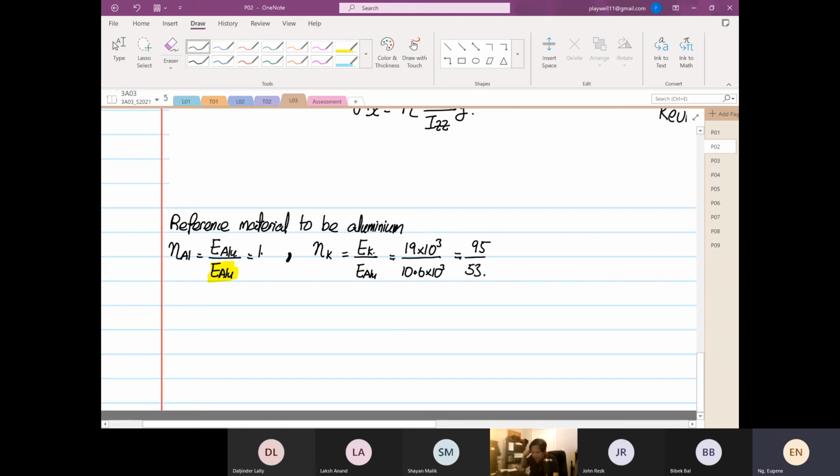Okay, so from here on, we have to now determine the centroid. We also have to find the second moment of area.